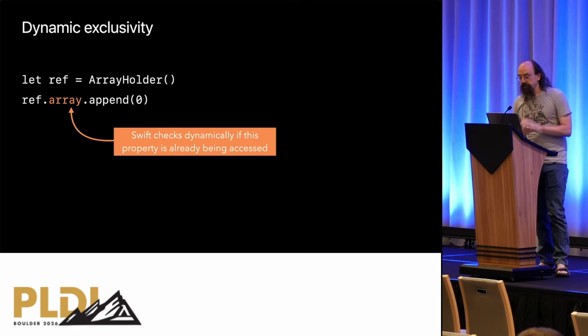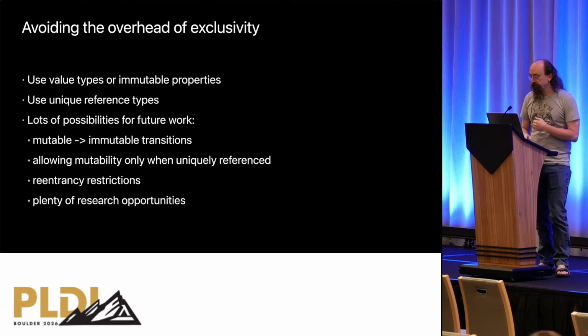When you read or write to a class property, the runtime checks whether there are any conflicting accesses to that exact property already in progress. That silently adds overhead to class-based programming, but allows that programming to continue written in the traditional way without undermining the basic memory safety of the language.